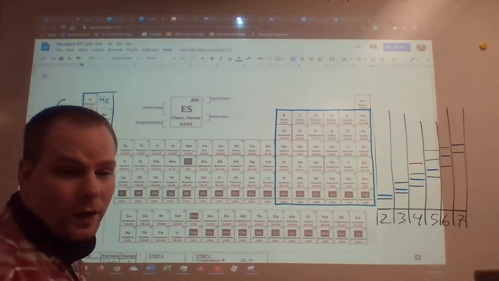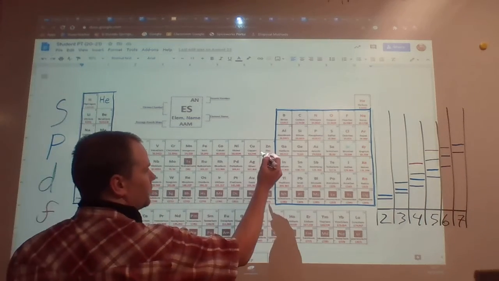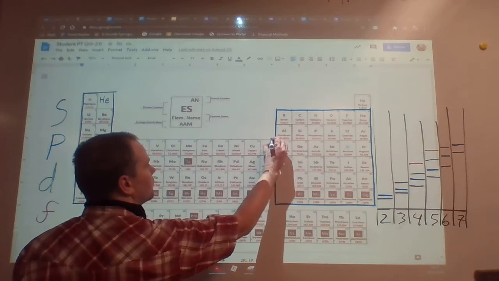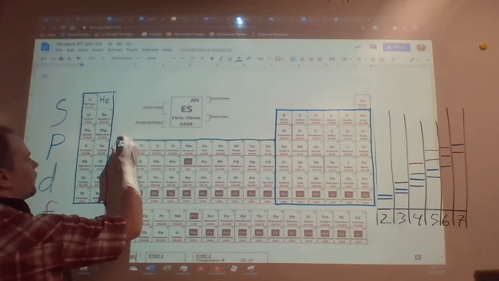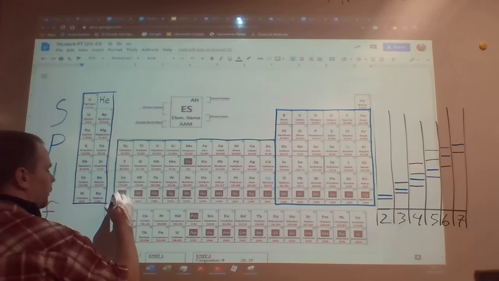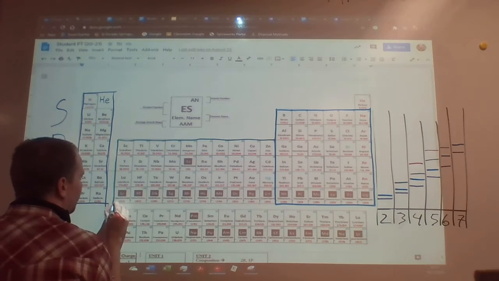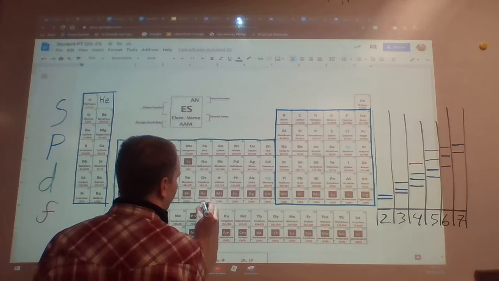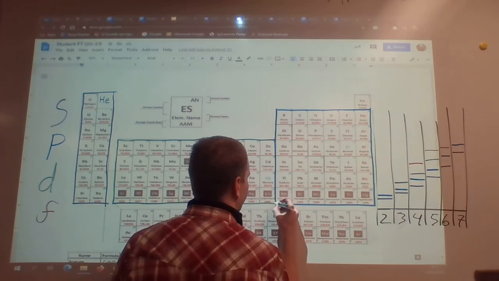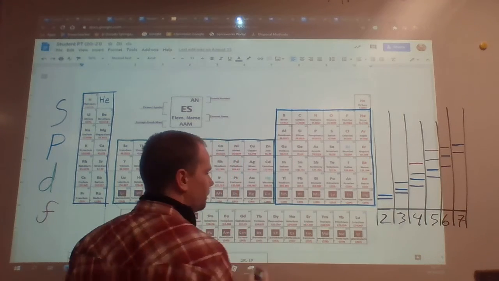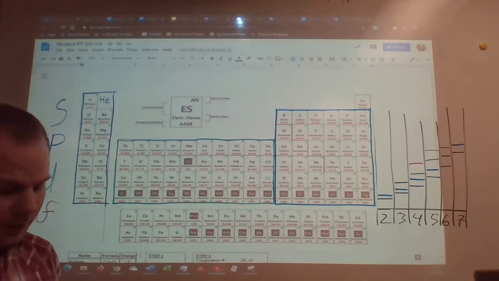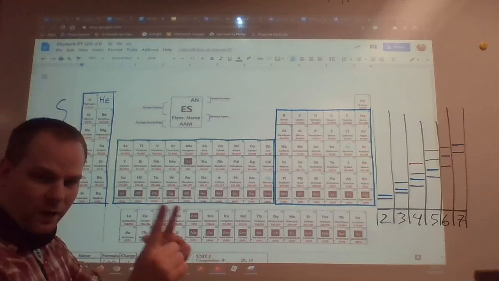Then the D block is all of the transition metals. Watch my hand wobble as I draw long, not straight lines. And then the bottom is the F block, asterisk.